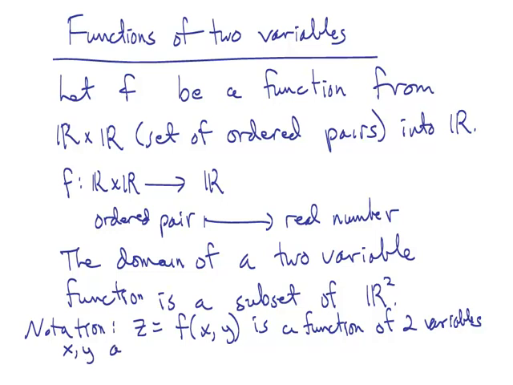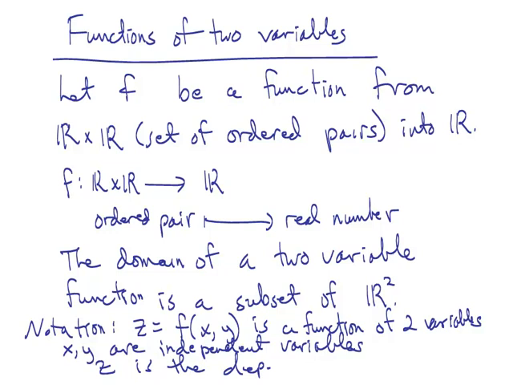Here x and y are our independent variables, and z then is the dependent variable because it depends on what we choose for our ordered pair x comma y.